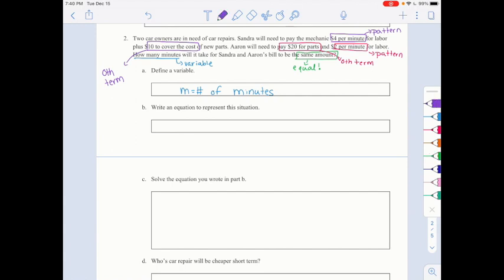And let's see, it says write an equation. So my equation, I know that they're going to be equal. I want Sandra's total cost, so here 4m plus 10 is going to equal Aaron's 2m plus 20, or 20 plus 2m. Doesn't matter the order there.